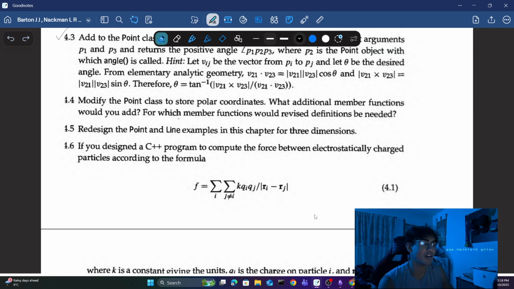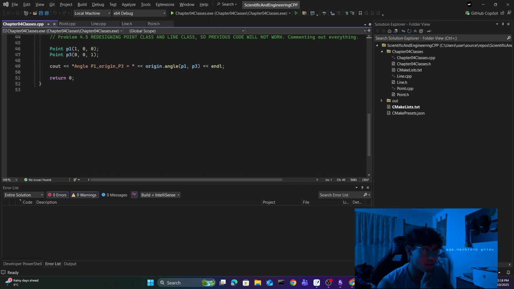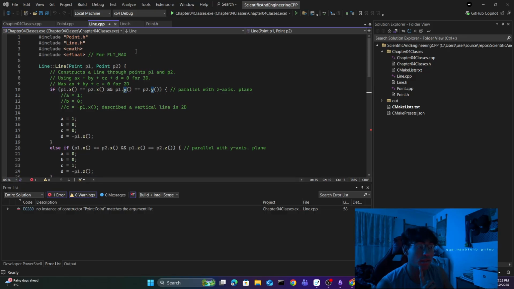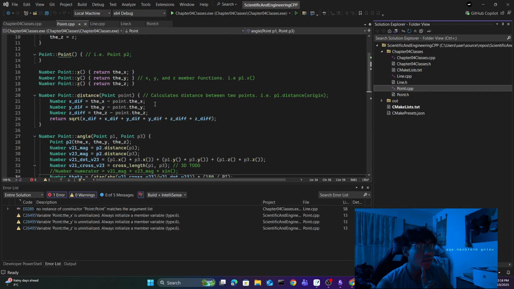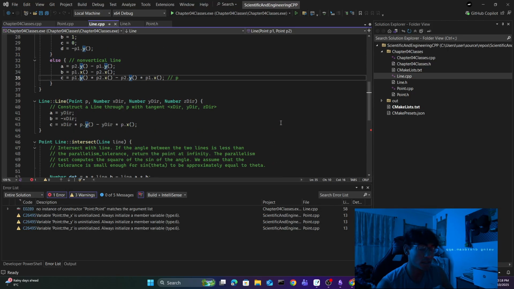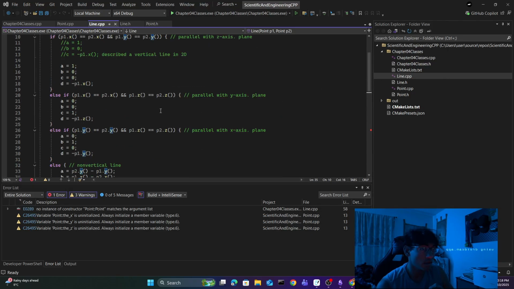So we are currently dealing with a couple classes that we made following the book's chapter, where we made a class for points in 2D initially, and a class for making lines, so a line object and a point object.